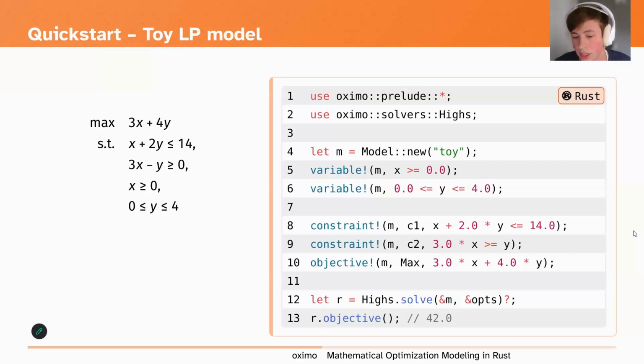And finally, we define the objective, which is the one on the left. We can then call the solve method on the HiGHS struct, and we can pass options, and we provide different option structs for all the backends, so it's really easy to define your backend. And then we can query either the objective or all of the variables' values really easily.